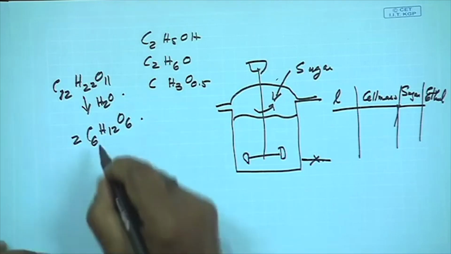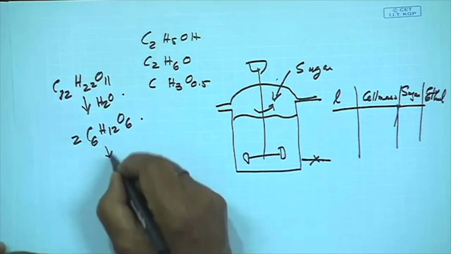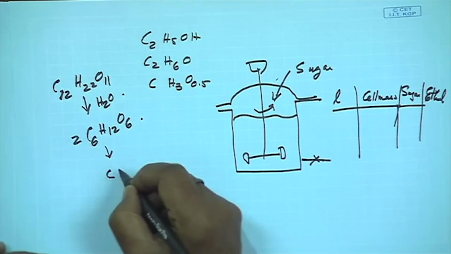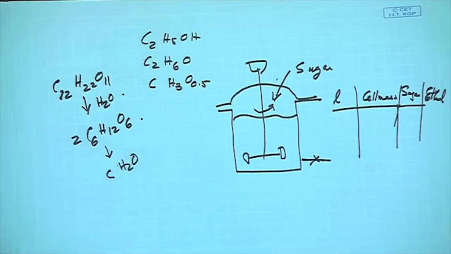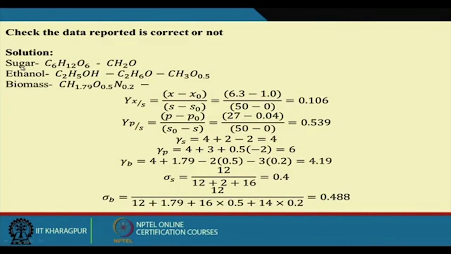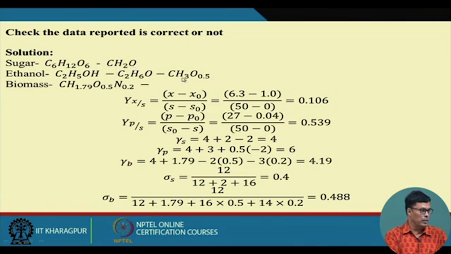So initially this is considered a carbohydrate, and we write the empirical formula as CH2O for sugar, CH3O0.5 for ethanol, and for biomass, per gram atom of carbon, we find out what it is.